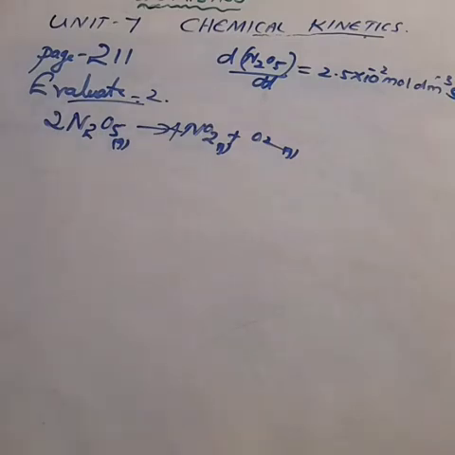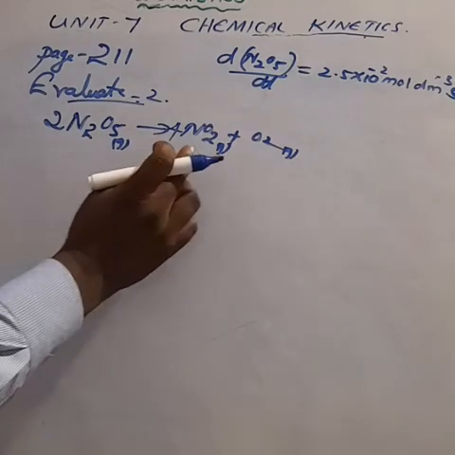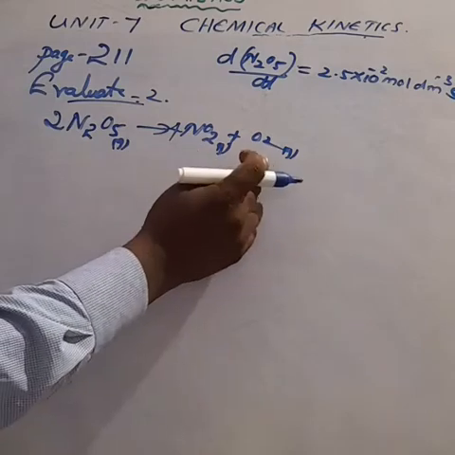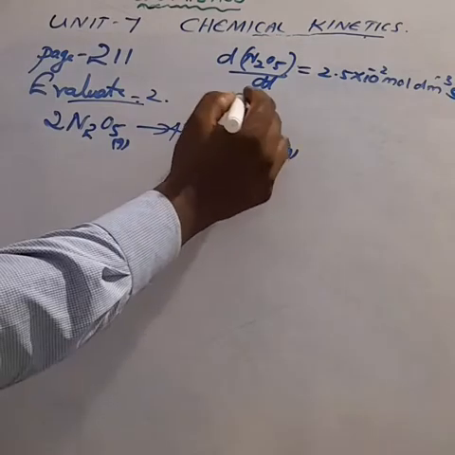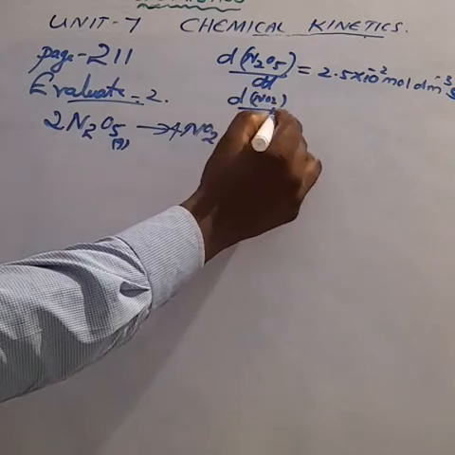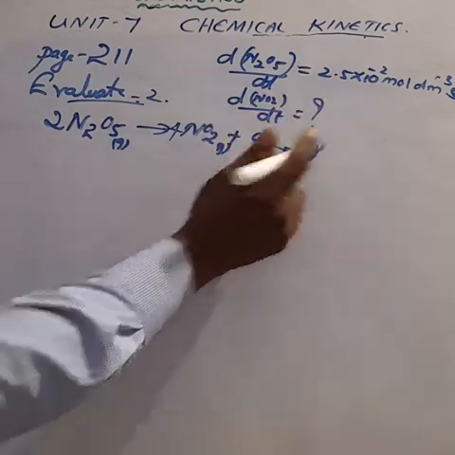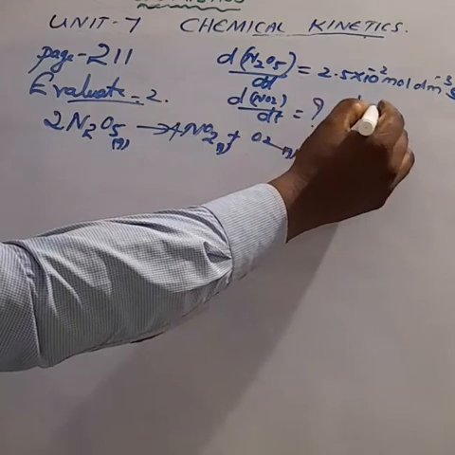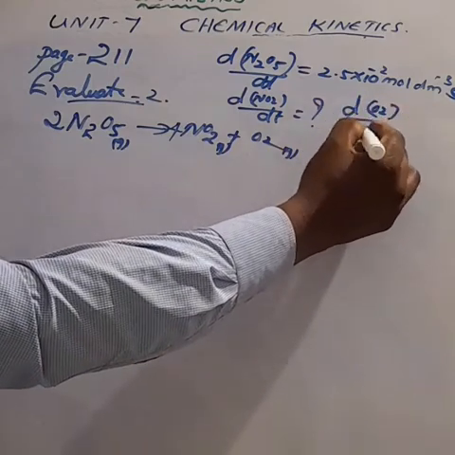Then, at what rates are NO2 and O2 formed? We have to find d concentration of NO2 by dt, and for the other product, d concentration of O2 by dt.